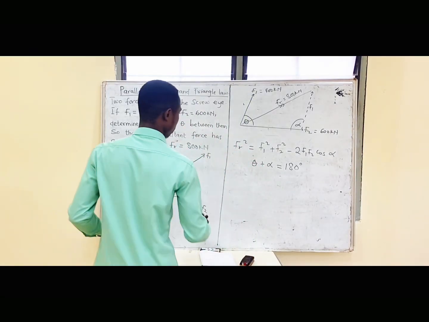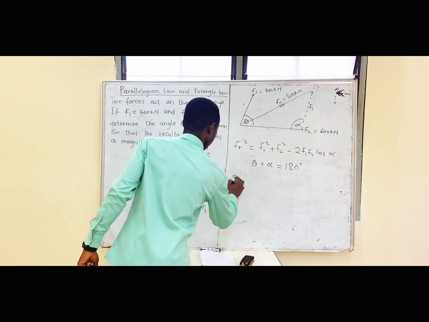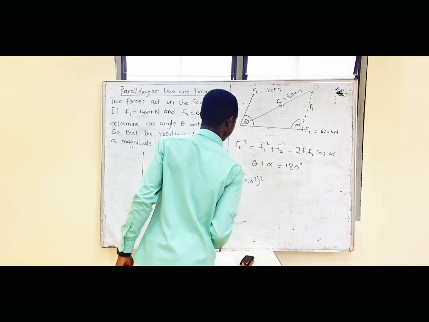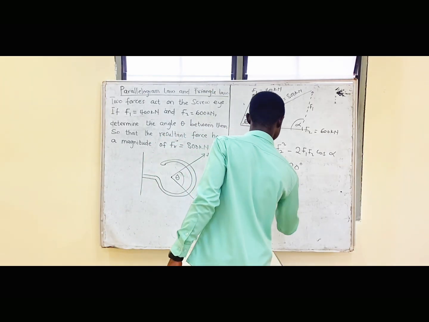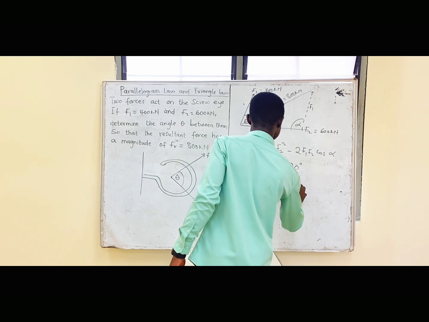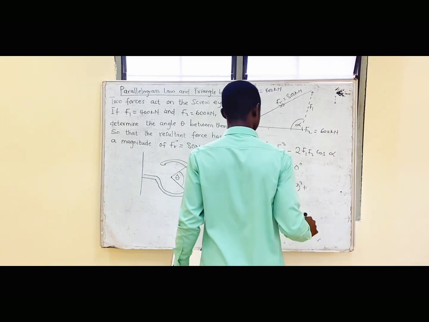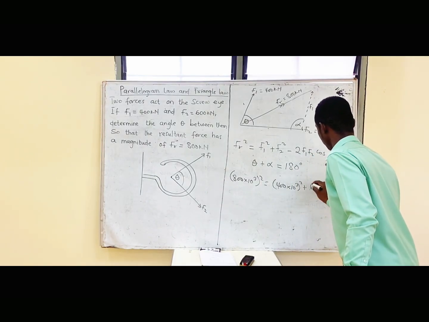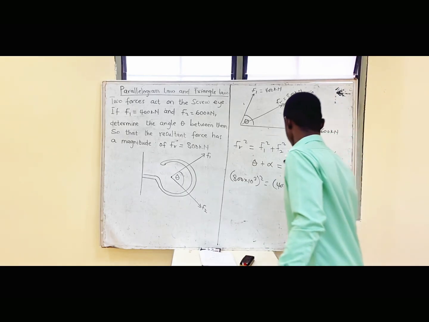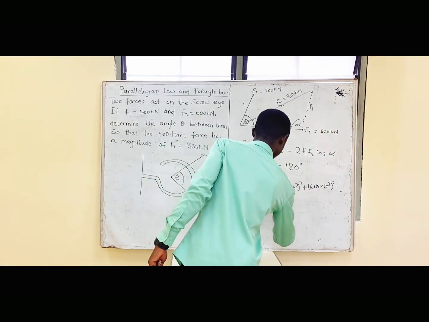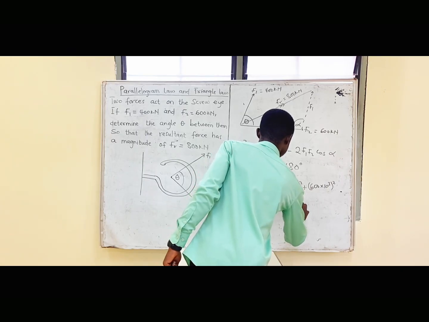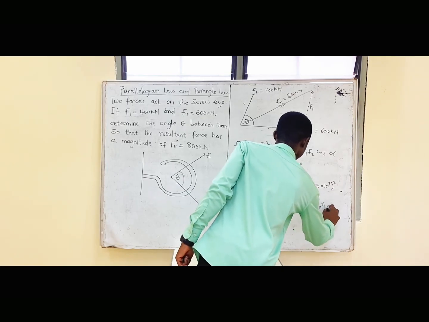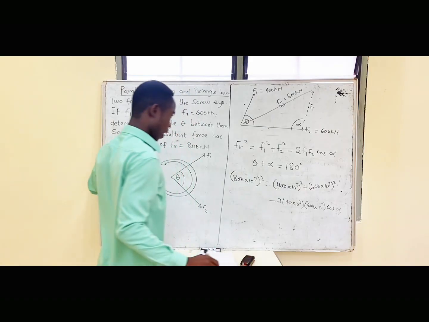So here we have our FR to be 800 kilo, which is times 10 to the power 3, squared, equal to F1, which is 400 times 10 to the power 3 squared, plus our F2, which is 600 times 10 to the power 3 also squared, minus 2 times 400 times 10 to the power 3 multiplying 600 times 10 to the power 3 cos alpha.